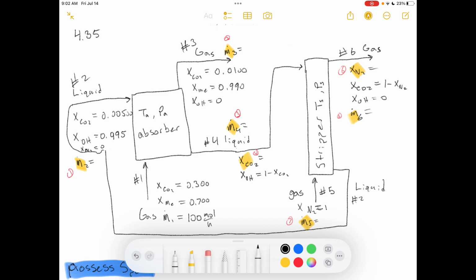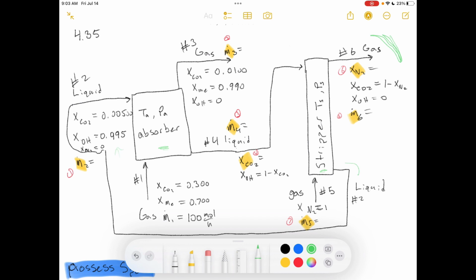Okay, so that's super long. This diagram right here shows basically everything they said: all of the mole fractions and the streams, where they're going to and from. So this is the absorber, this is the stripper, and there's a recycle stream.